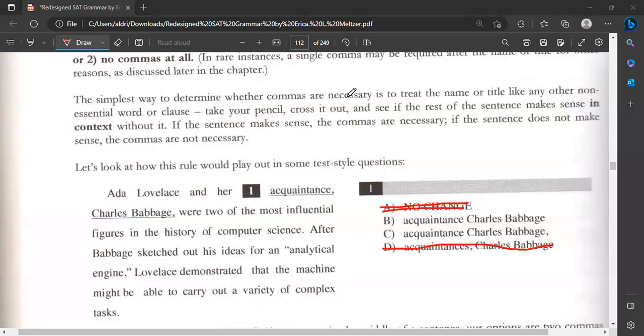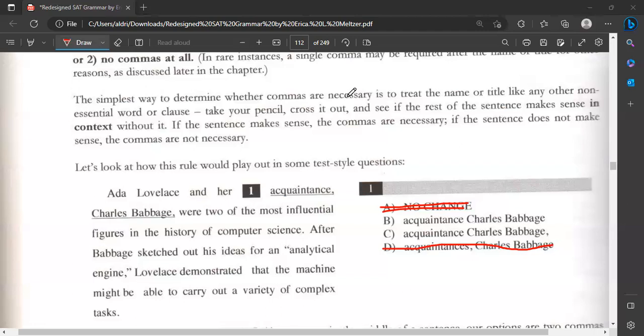So I want you guys to think of it this way. The shortcut is whenever a name is in the middle of a sentence, it should either have two or no commas. So in this case, C, we have one comma, so C is wrong, D is wrong. And A is wrong. We know why A is wrong, because Babbage is mentioned later, so we know that's an essential name. So that makes B our correct answer.